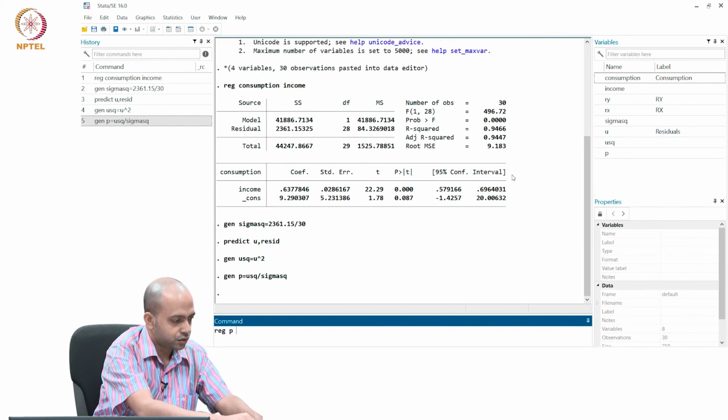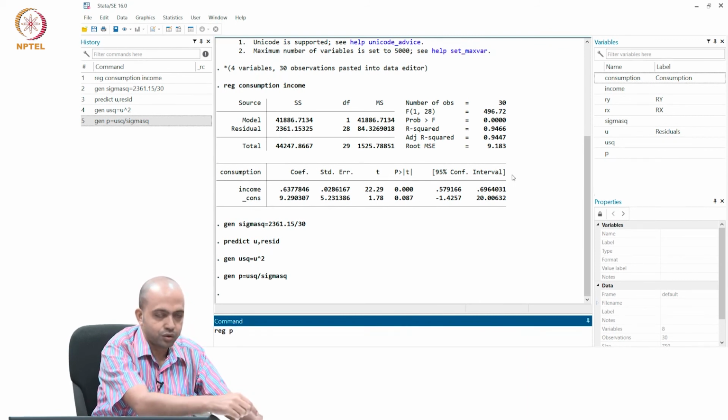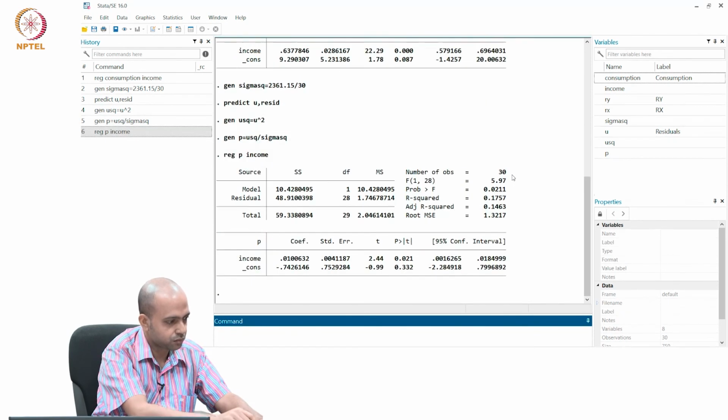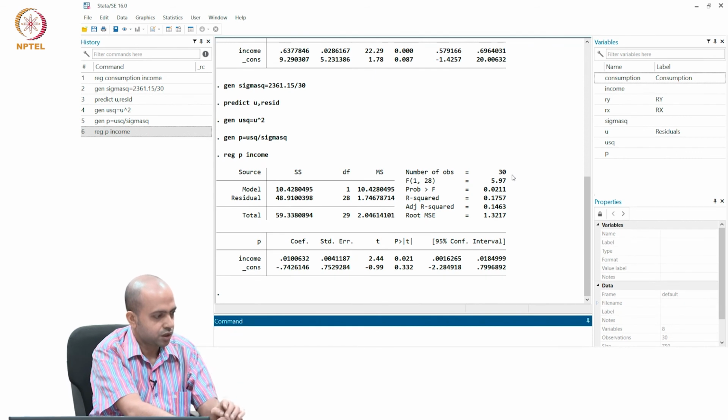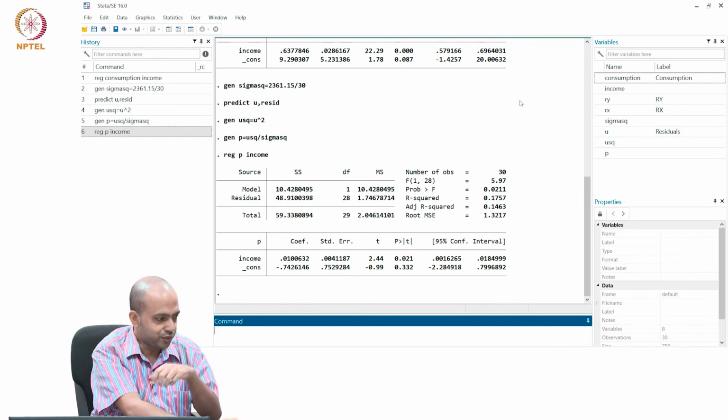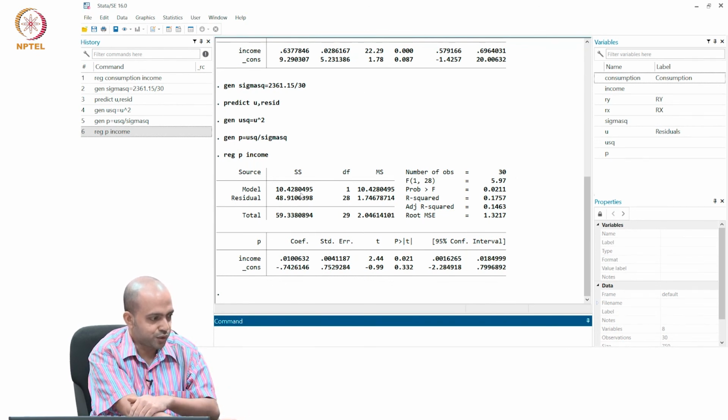and then you regress p on your explanatory variable. You have only one explanatory variable, which is income. And then look at this model. From this model you have to take your ESS, which is 10.42.